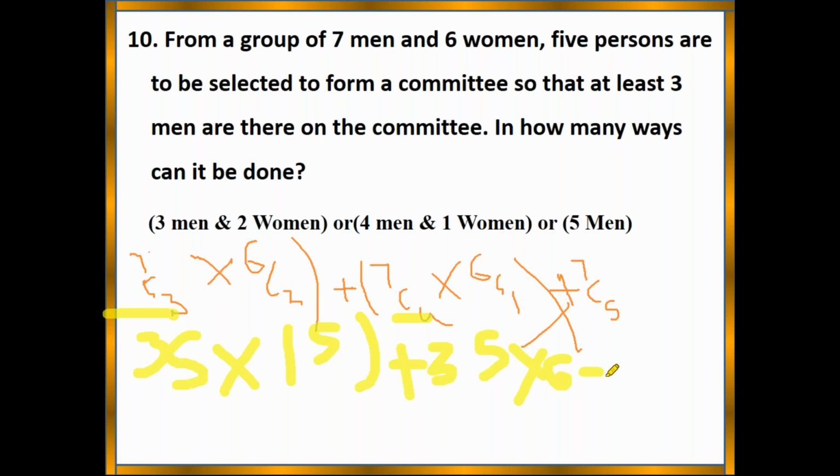Plus 7C5. So 7C5 means 7 factorial by 2 factorial into 5 factorial, which is 21. Do it fast.